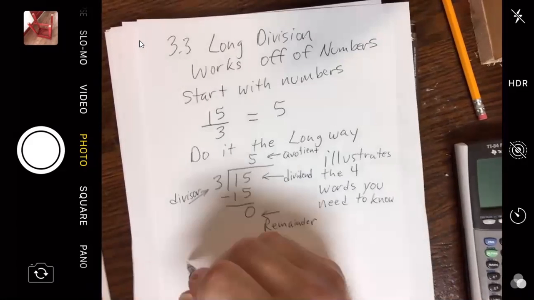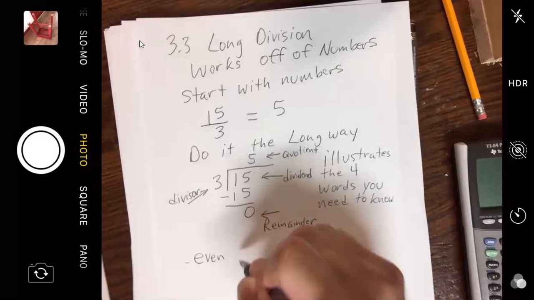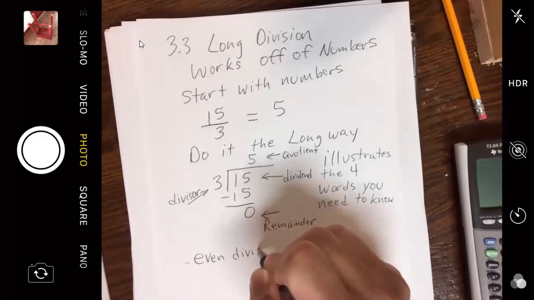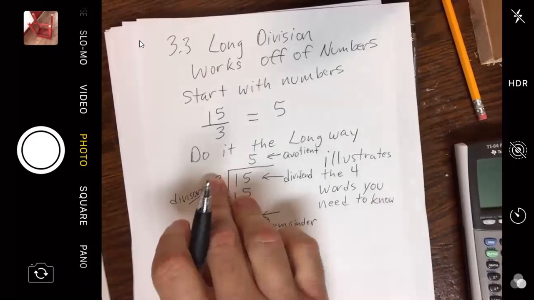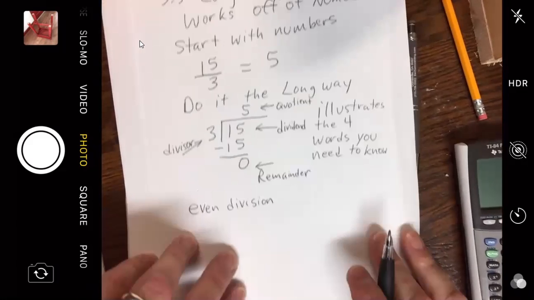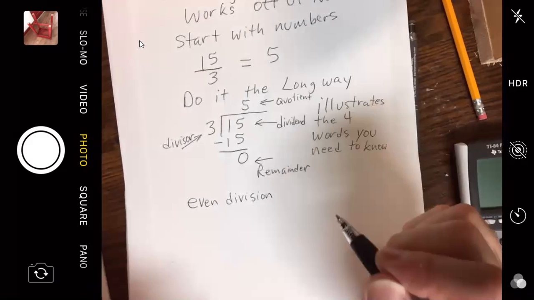This is an even division. The book will have you submit the homework based on these 4 words.